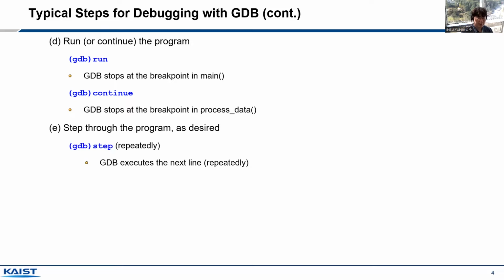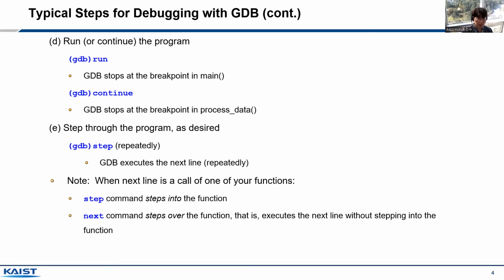Then you can step through the program as desired. There is a command called step. If you enter it repeatedly, GDB will execute the next line repeatedly. Note that there are two ways that you can execute the next line. One is the command step. If you use step, it will step into the function.